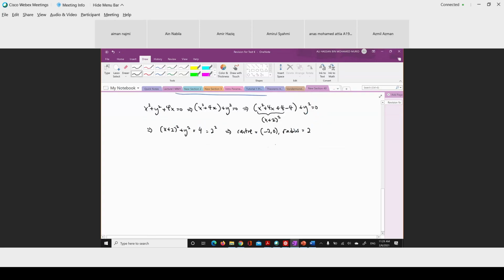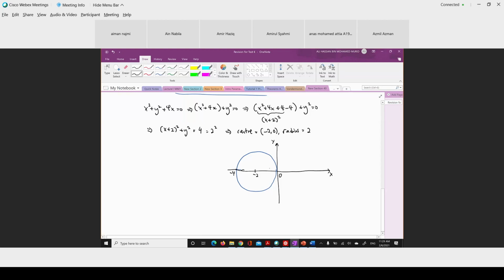So now let's sketch the region. We have a circle centered at minus 2, 0 of radius 2, so it looks something like this. It is centered at minus 2 and has radius 2, so this is minus 4.